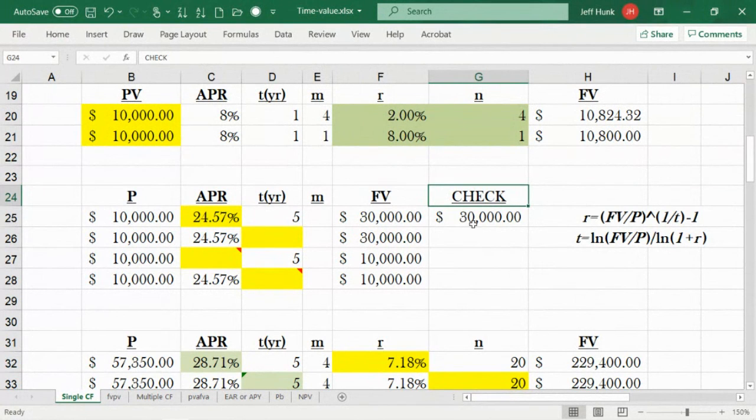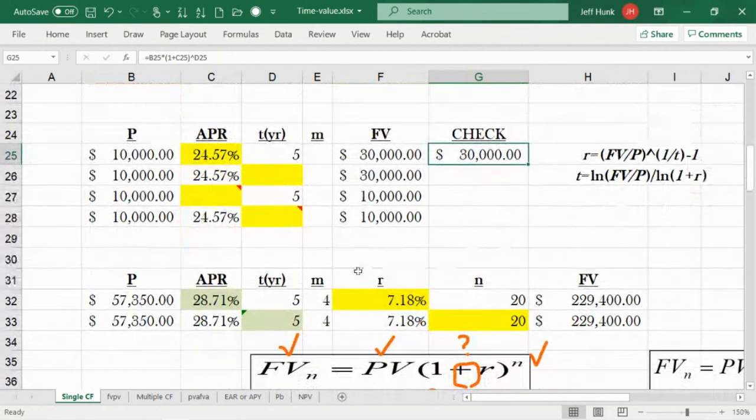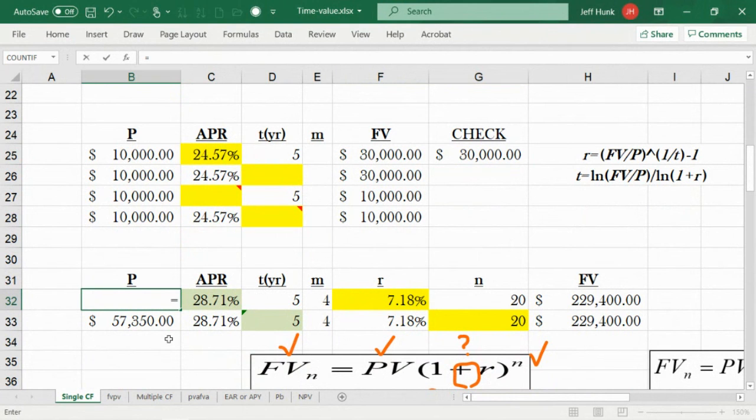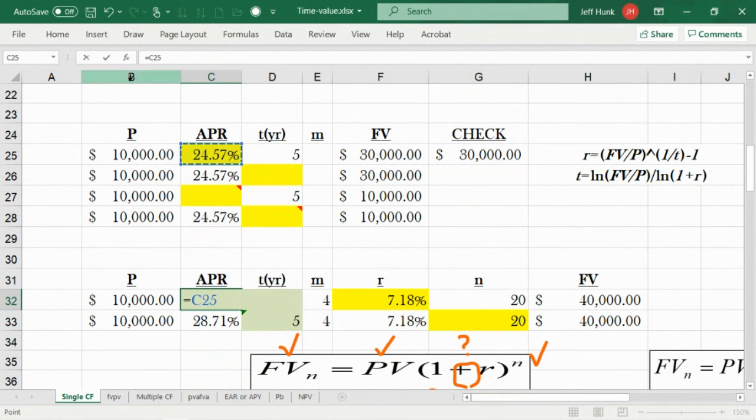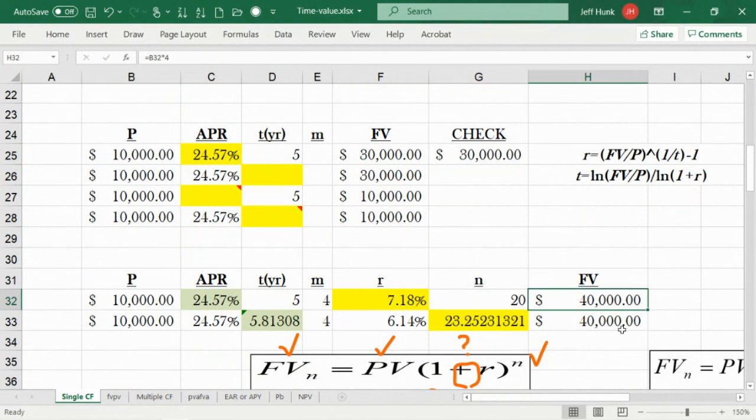Now let's put in compounding frequency. I'm going to use the same setup.